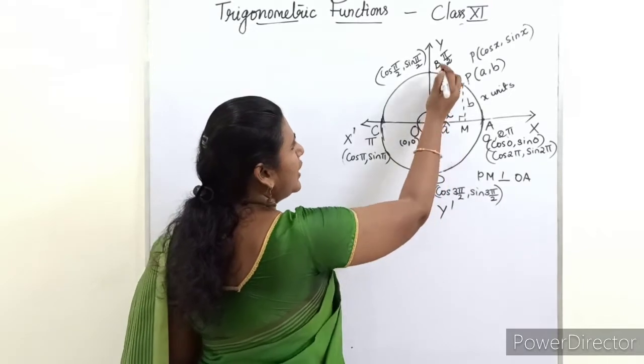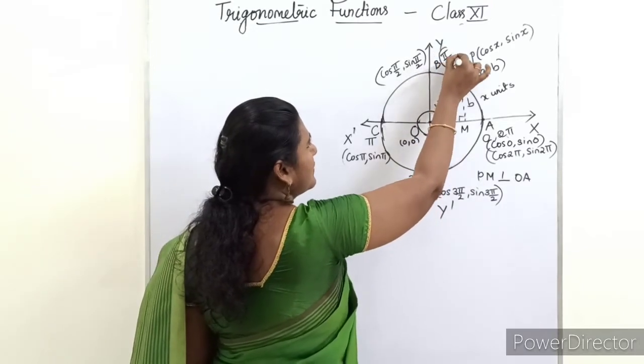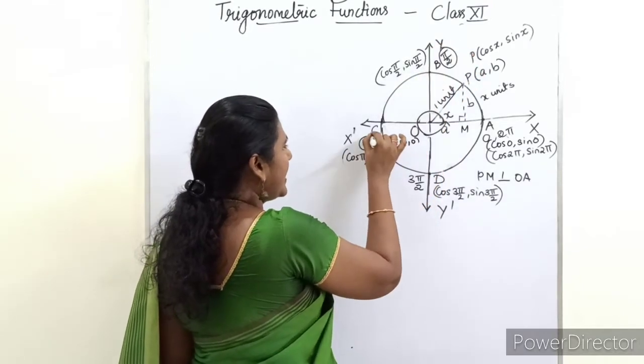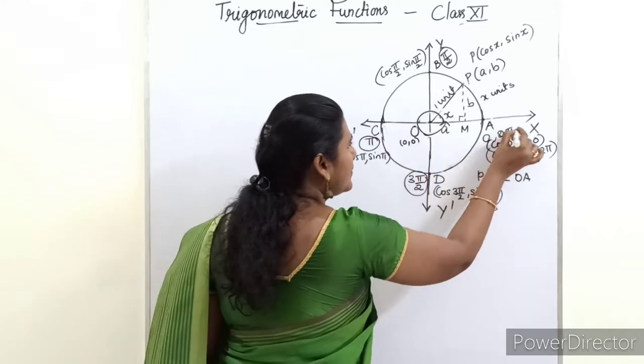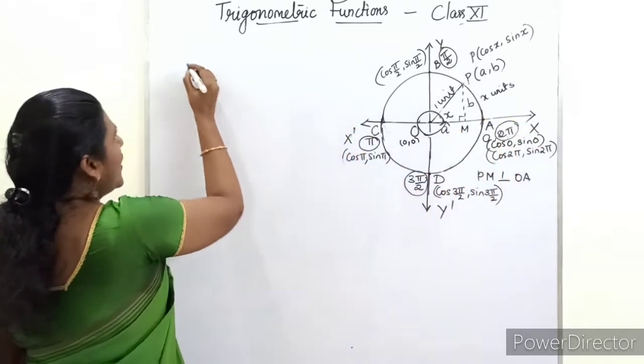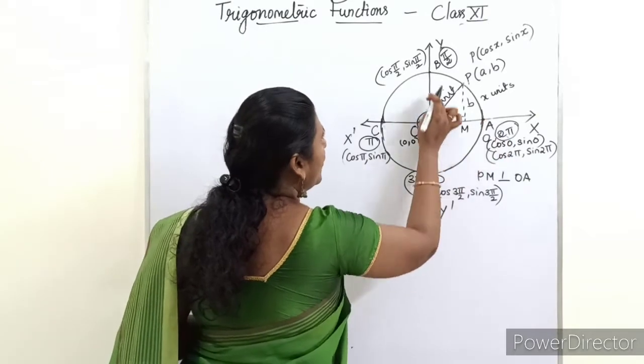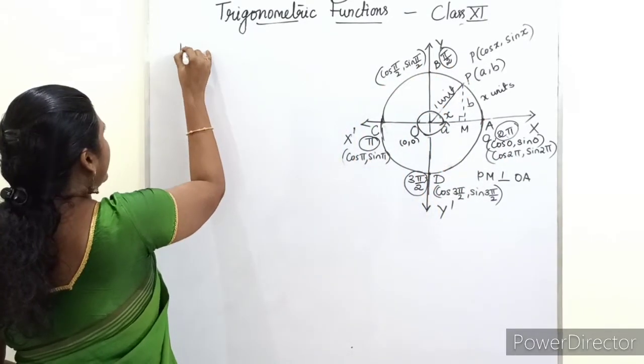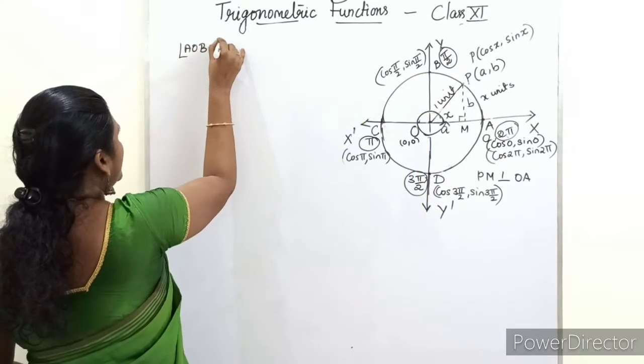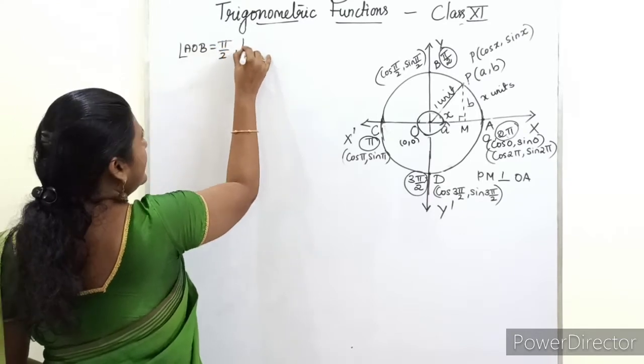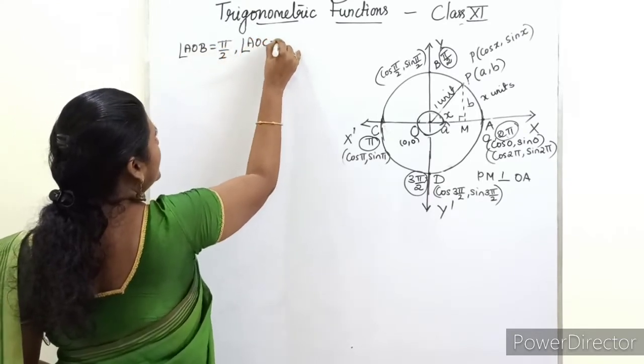Now if you see all these angles, that is pi by 2, pi, 3 pi by 2, 2 pi. Angle AOB is pi by 2, and angle AOC is equal to pi.